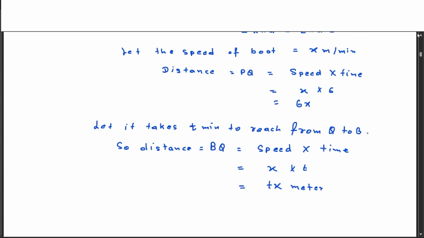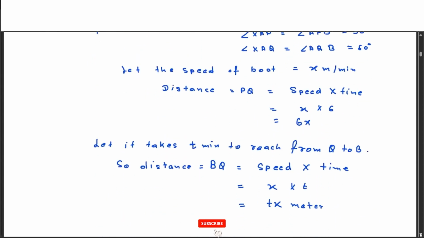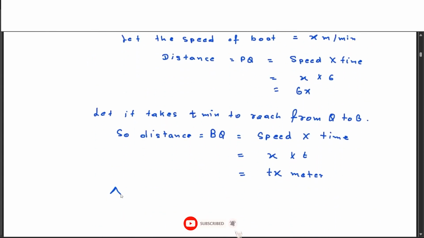Now first we will take triangle APB. In triangle APB, we can say tan 30° is equal to AB over PB, because tan is perpendicular over base, hope you remember.